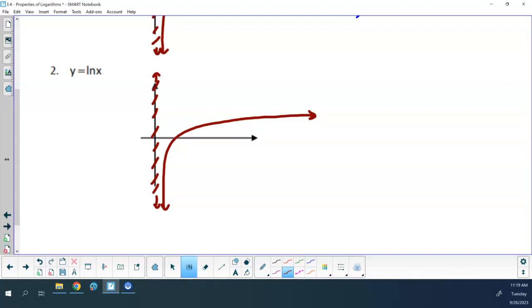What's another point that's on this graph? Nope, because it's not 10. This is e. Yep, this is log base e.